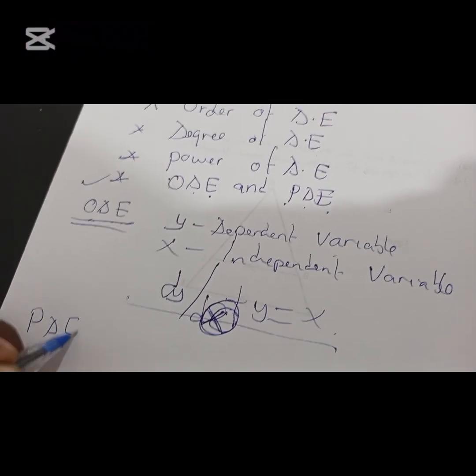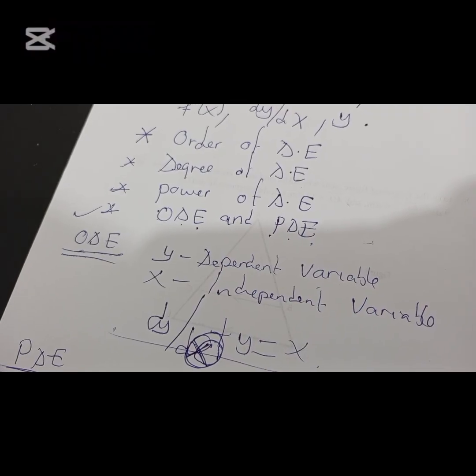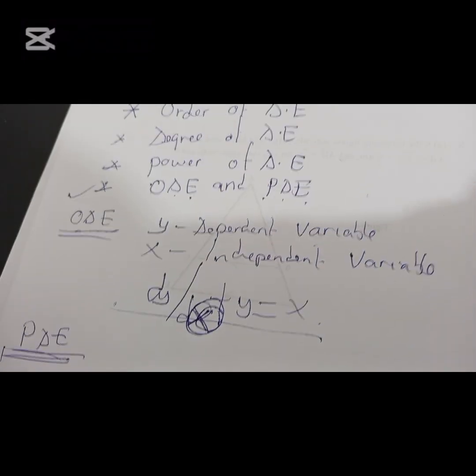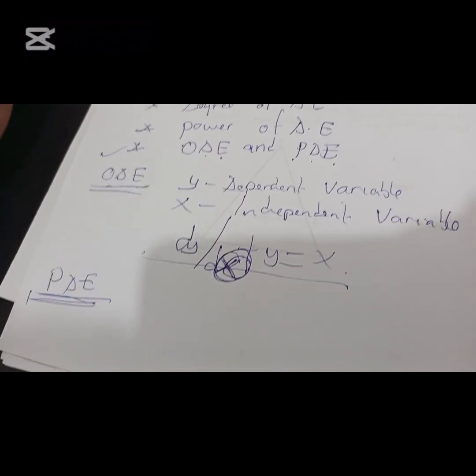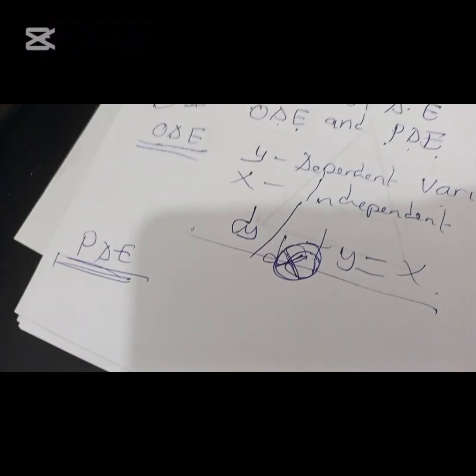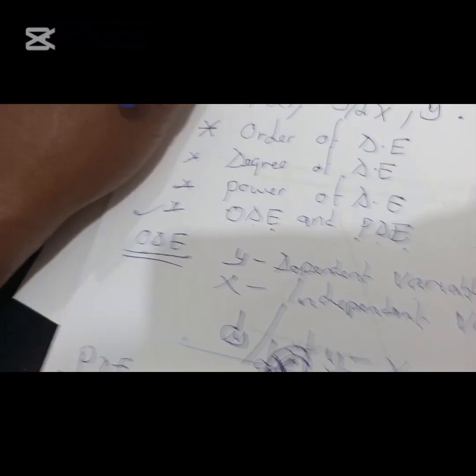Let's see the partial differential equation. If you are aware of differentiation, a partial differential equation contains partial derivatives with respect to two or more independent variables, where there is only one dependent variable, meaning y.